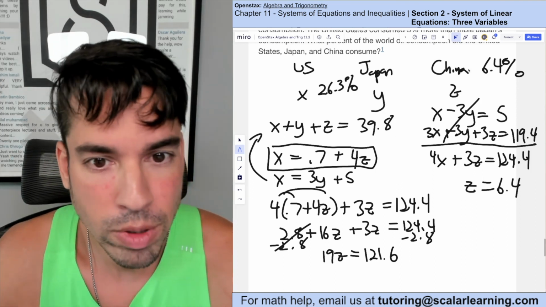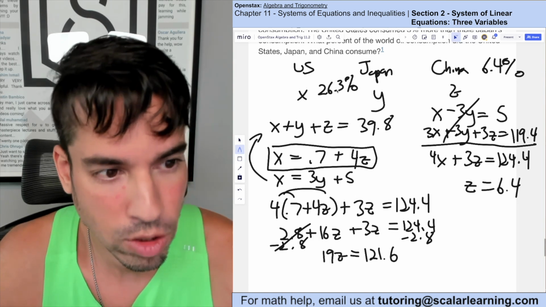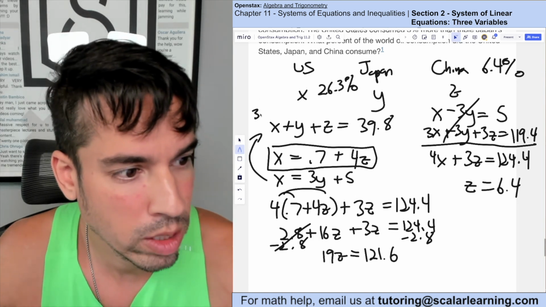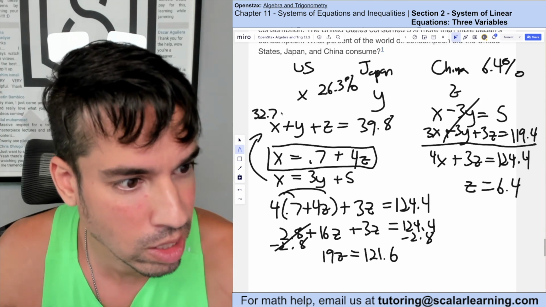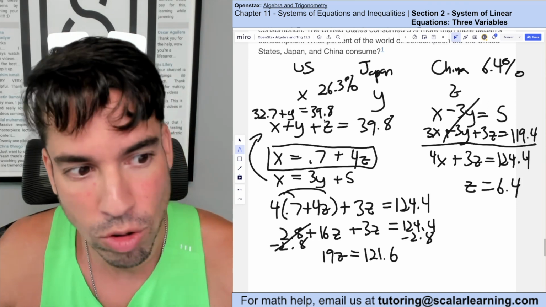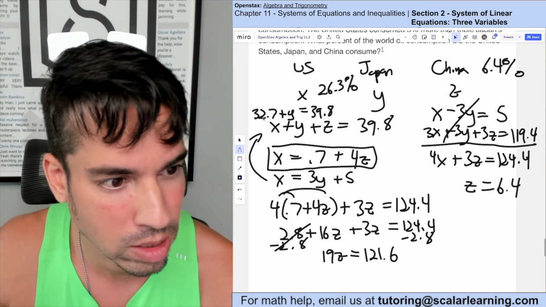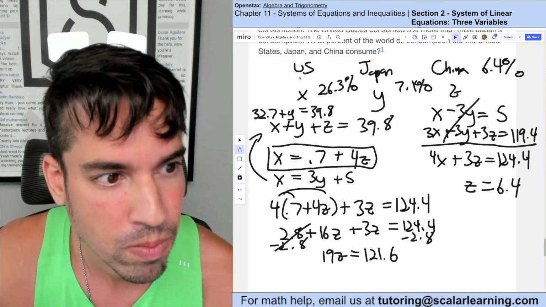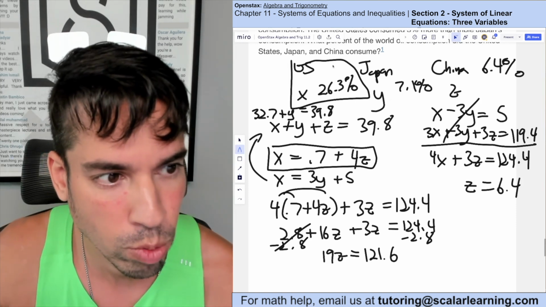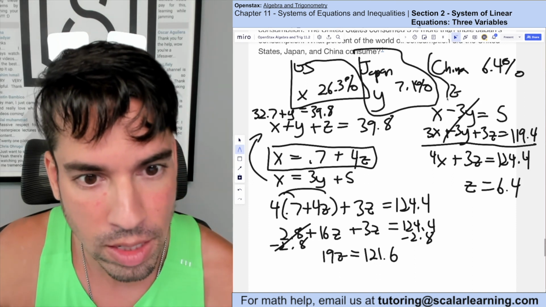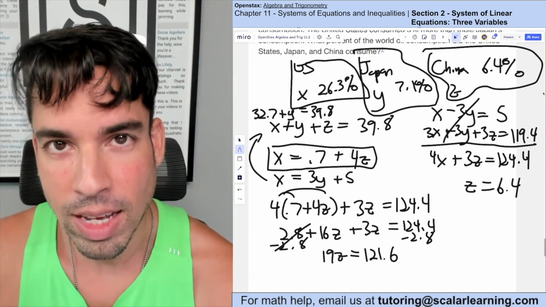And since all three of these together add up to 39.8, I can say 26.3 plus 6.4, that's 32.7. So 32.7 plus Japan, which is y, is equal to 39.8. Subtracting 32.7 from both sides, it would be, let's see, 7.1. So Japan is 7.1%. So here are the three answers: 26.3% for US, 7.1% for Japan, and 6.4% for China. That's how you do it.